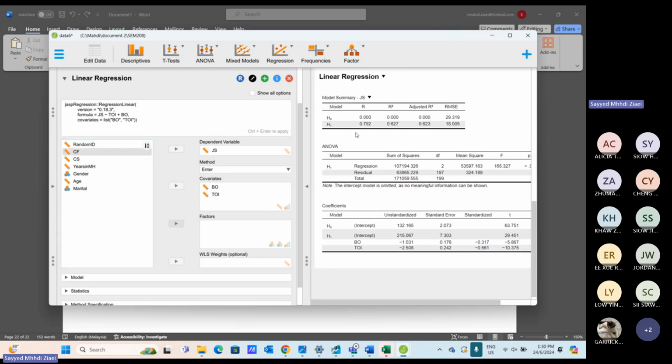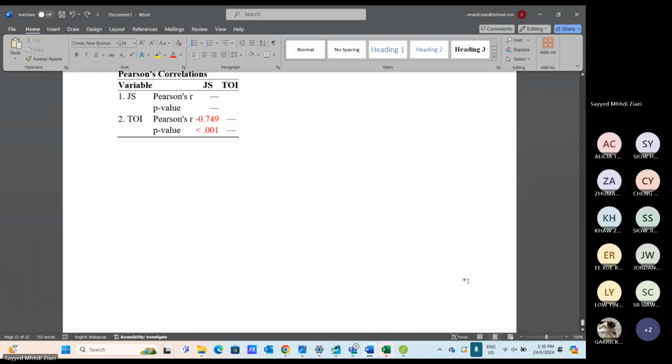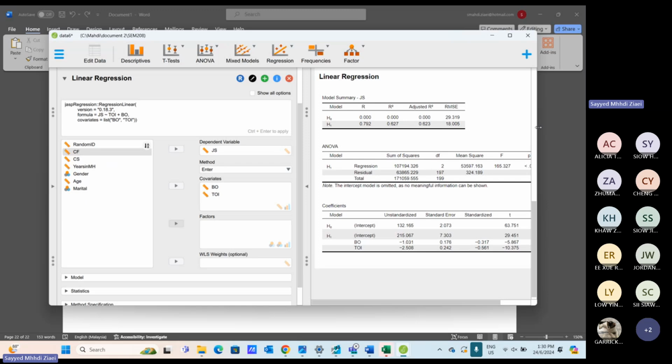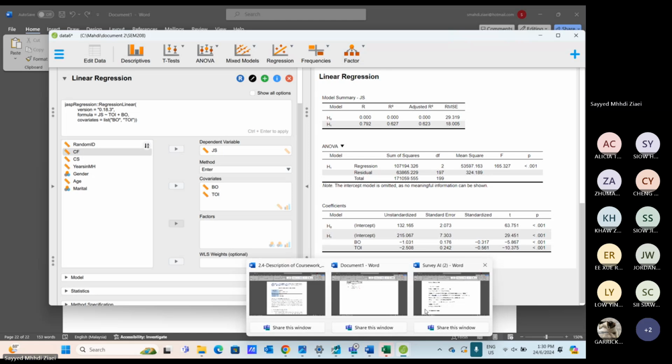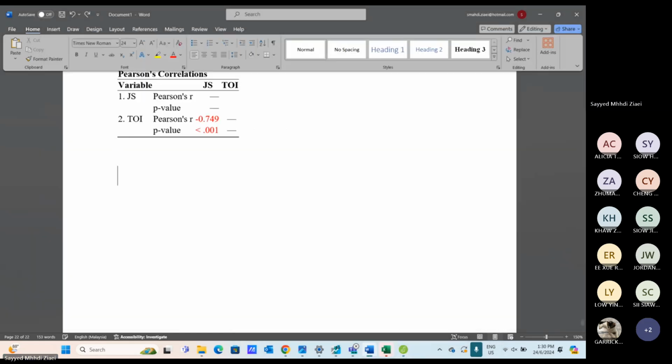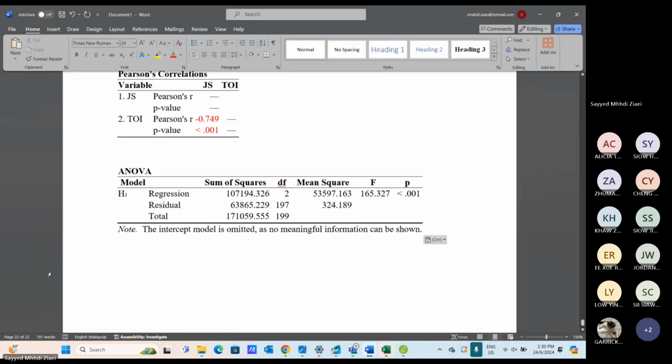The result pops up here. The first table is the ANOVA table. So we have the ANOVA information.